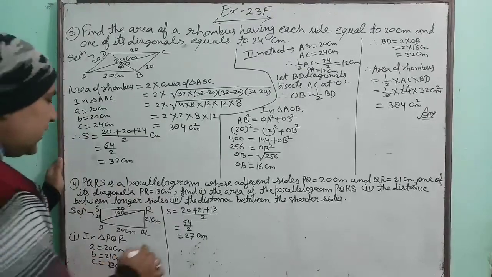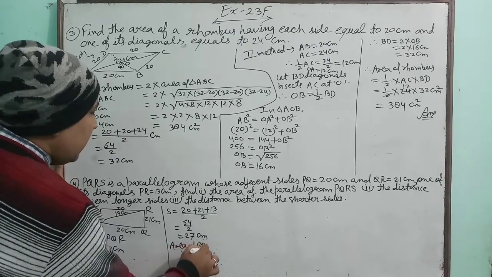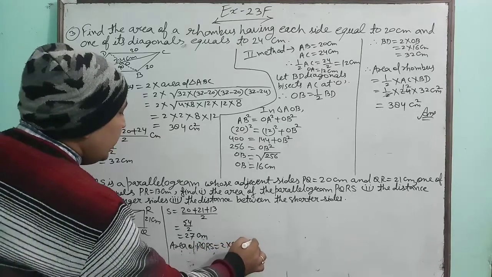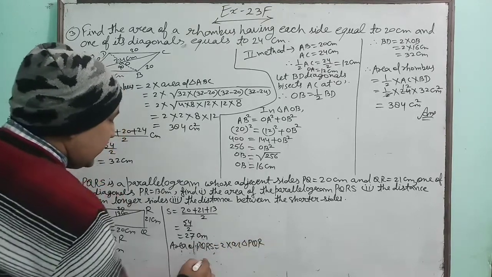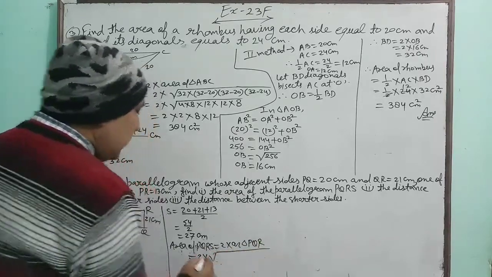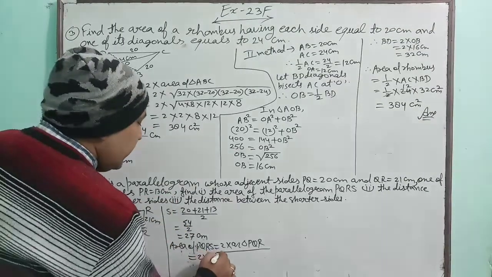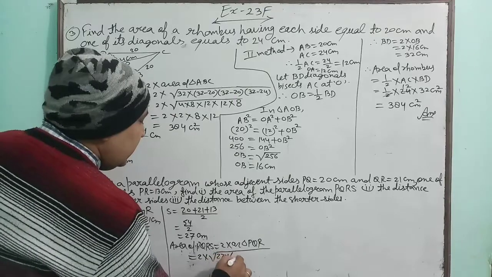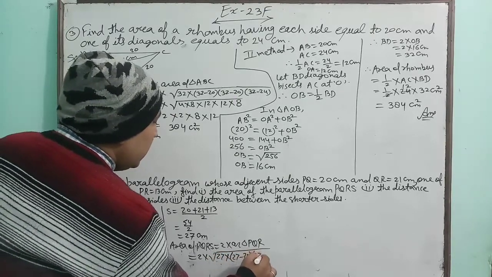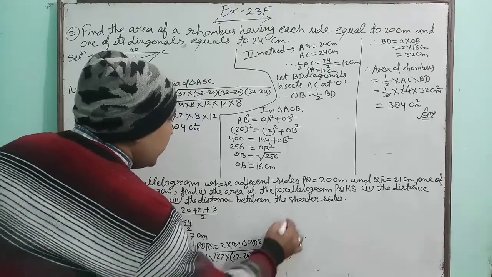Now we can find the area of PQRS. Area of parallelogram PQRS is equal to 2 into area of triangle PQR, which is equal to 2 into square root of s into (s minus a) into (s minus b) into (s minus c), means 27 into (27 minus 20), (27 minus 21) and (27 minus 13).